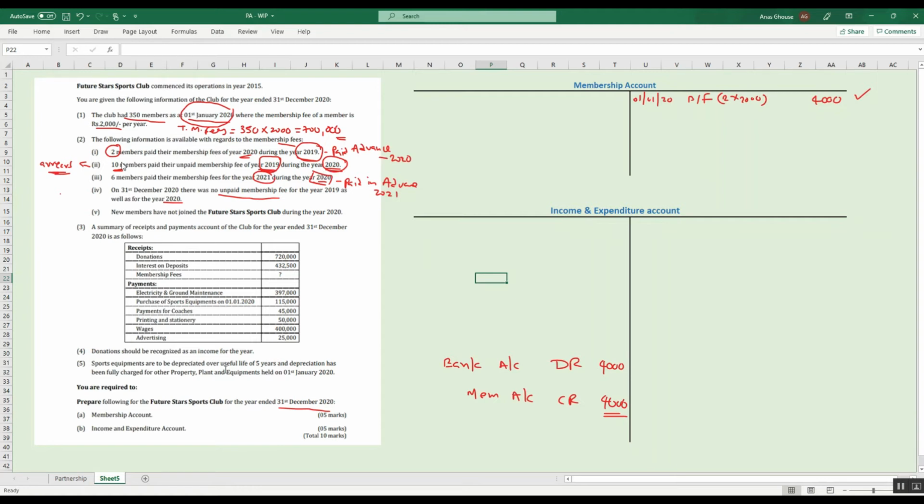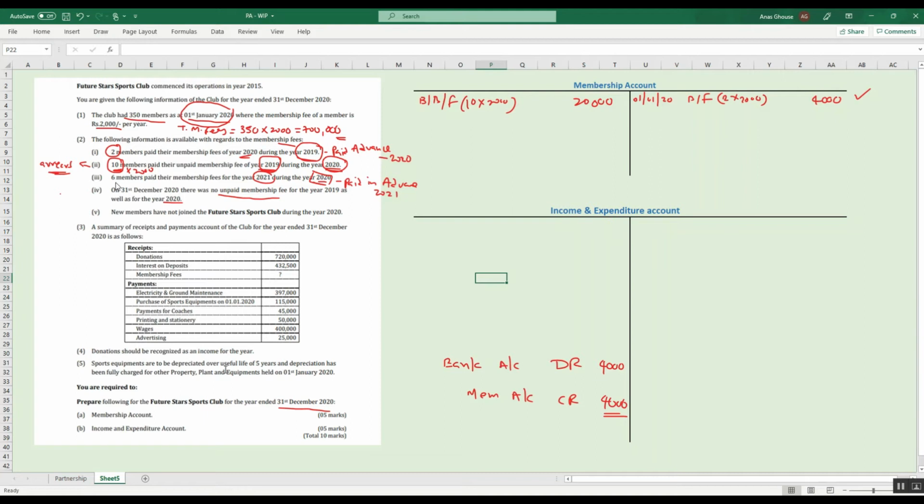This was in arrears in 2019, so the brought forward balance in 2020 books will be 10 members times 2000, that will be 20,000, shown as an opening balance.